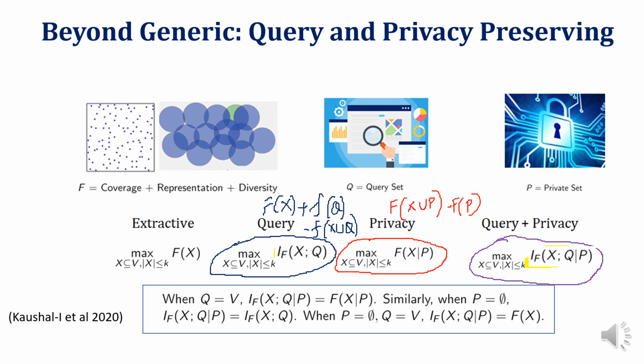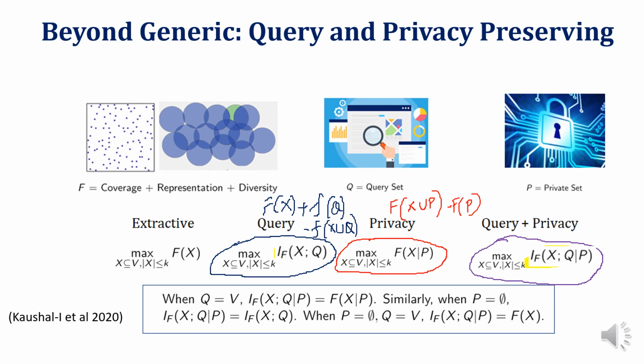The conditional gain of X given P, f of X given P, is basically f of X union P minus f of P. So this intuitively measures how different the X is from the P. And this makes sense for privacy preserving, because we really want the X summary to come out to be different from P and not reveal anything about privacy.